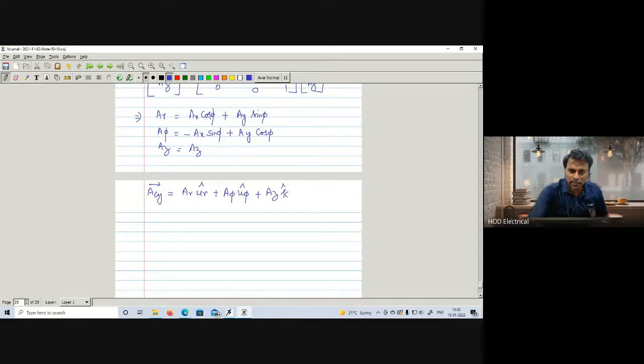AX is equal to X, right? So X into cos phi plus AY is nothing but Y into sin phi. Then A phi is minus X into sin phi plus Y into cos phi. Then AZ is nothing but Z.